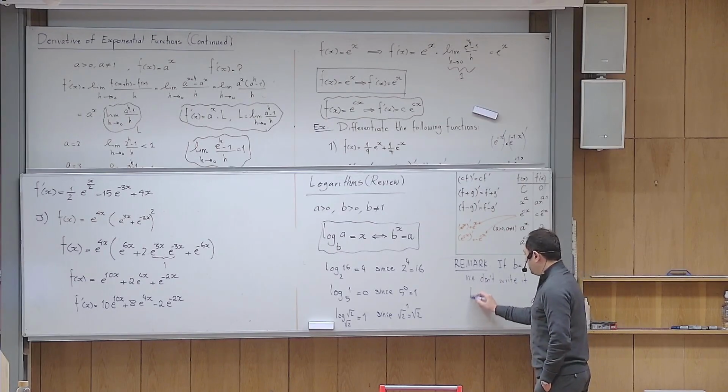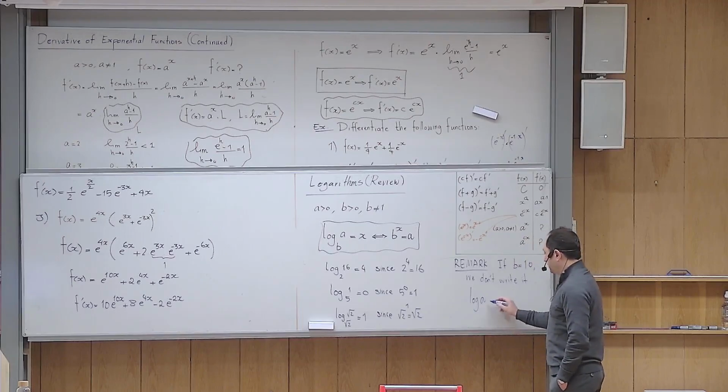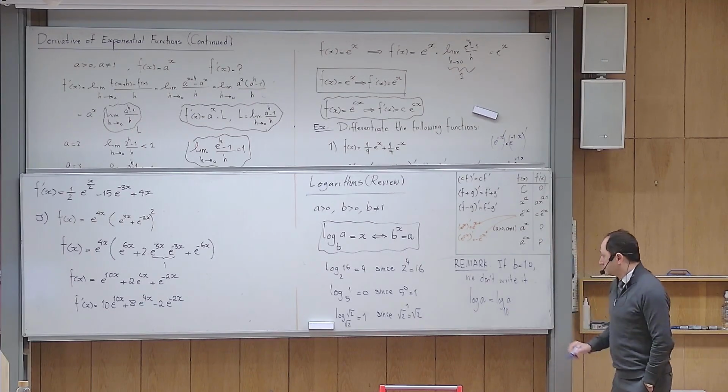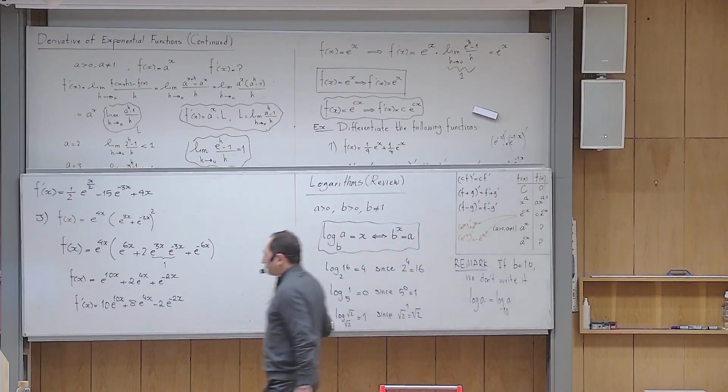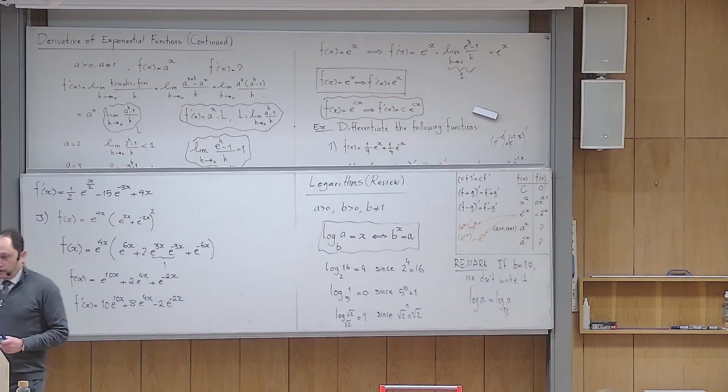So when you see logarithm of a without any base, this means logarithm of a to the base 10. Yes, that is just the remark we had before. So what I want now to do is to review only formulas for the logarithms we had.